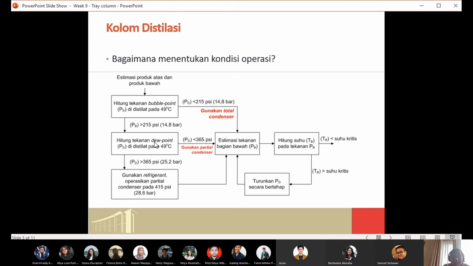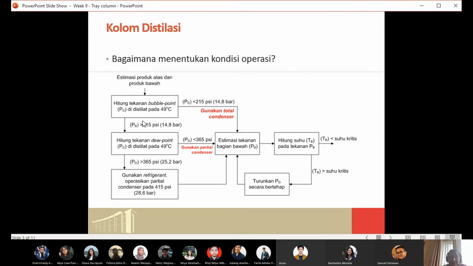And then if the dew point pressure is still too high, we don't have any choice but to use refrigeration in this case. So there is guidance for you to select the pressure related to the condition at the top side of that column.